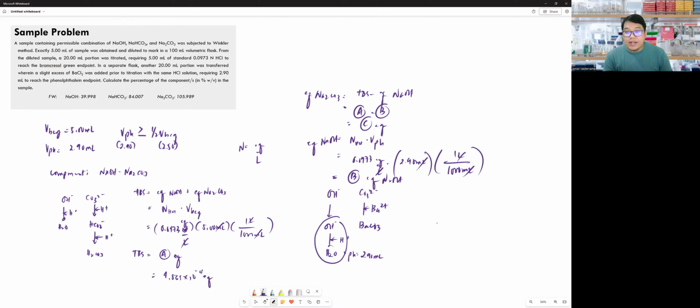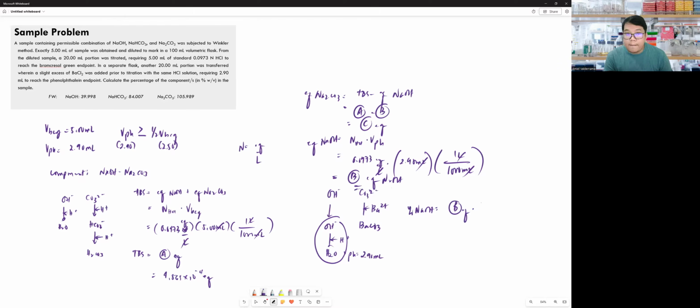Okay? So, to calculate for the percent weight per volume, unahin natin si NaOH. So, percent NaOH ay equal to equivalence ni NaOH. Equivalence ng NaOH kanina is na-establish natin as letter B. So, B, equivalence times equivalent weight.